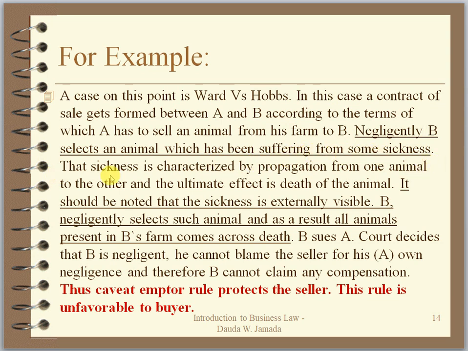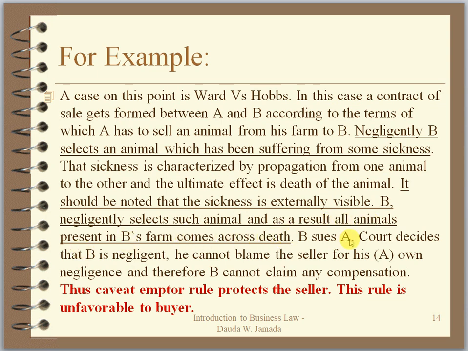That sickness is characterized by propagation from one animal to the other, and the ultimate effect is death of the animal. It should be noted that the sickness is externally visible. B negligently selects such an animal, and as a result, all animals present in B's farm die.